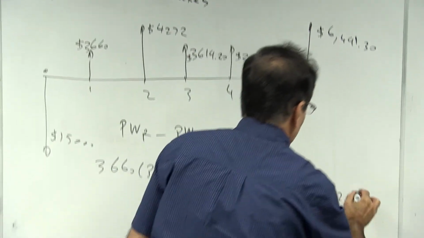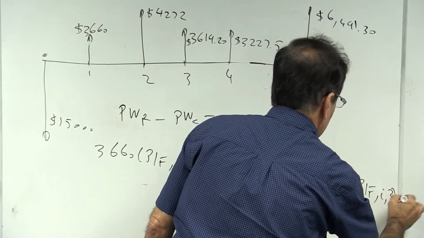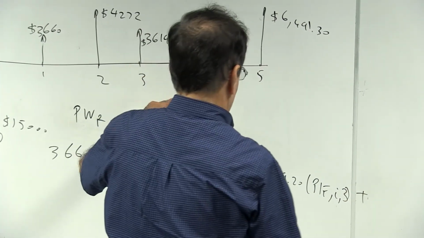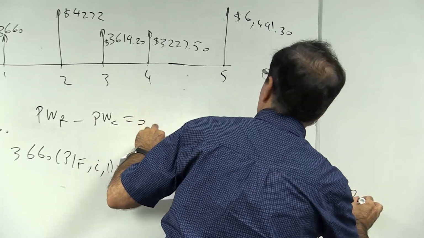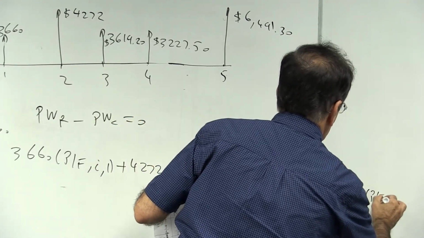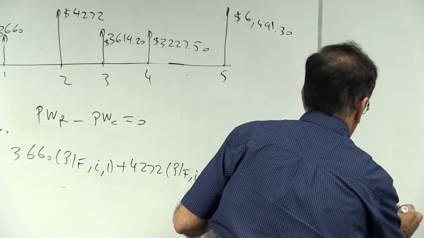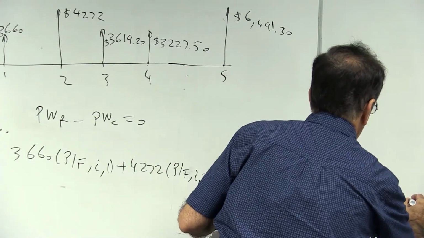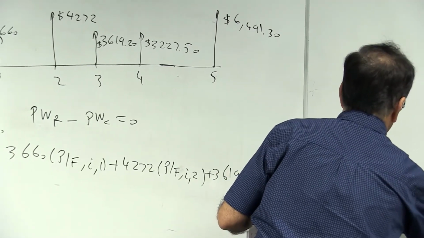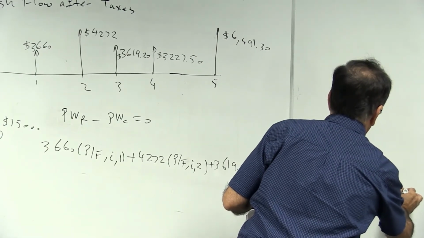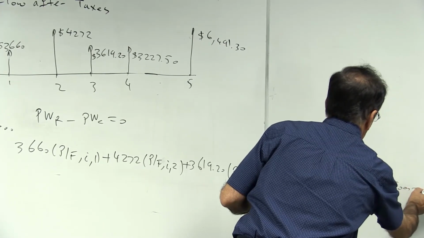You're going to multiply this one by P given F, I and 3. And the next one is 3,227 and 50 cents times P given F at I and 4. And the last one is $6,491.30 minus 15,000 equals 0.